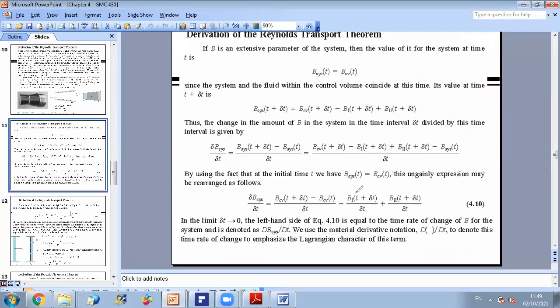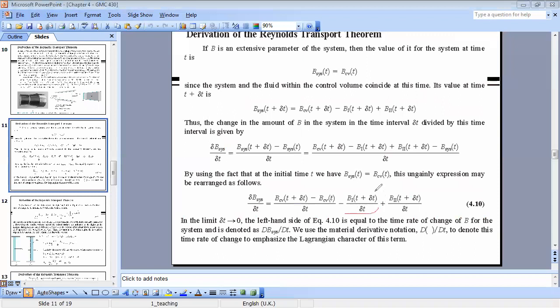We have already seen together now that we can replace this term. This is minus b1 at t plus delta t over delta t. This is minus rho times the property small b times A1 V1, where V1 represents the velocity. And this term is plus, so this is rho at section 1 and b at section 1. And this term is plus rho at section 2 times b at section 2 times area 2 and velocity V2.